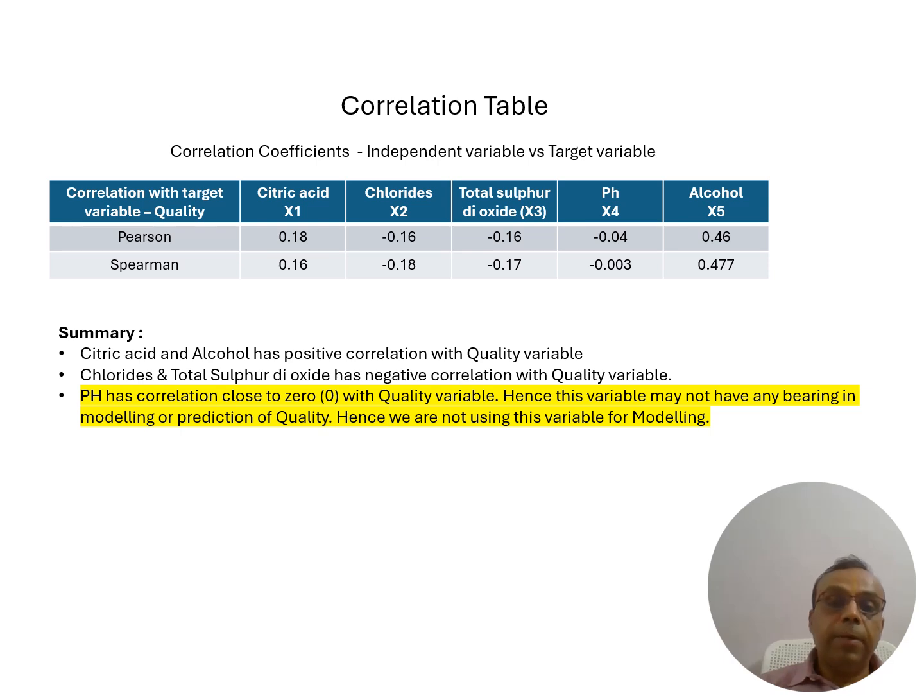Hence, I excluded this variable during the modeling process. Also, another important observation is alcohol has the highest correlation, followed by citric acid. So it is quite possible that alcohol has a higher impact in determining the quality of wine.